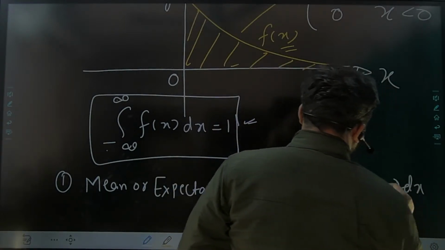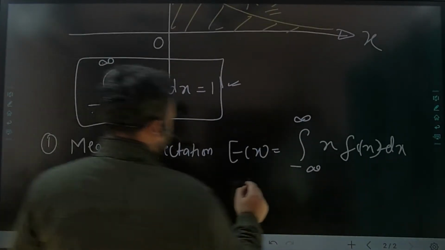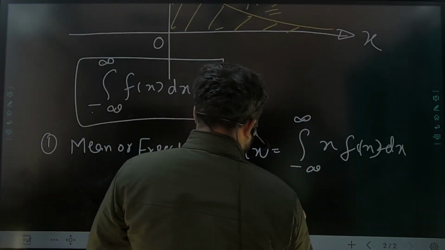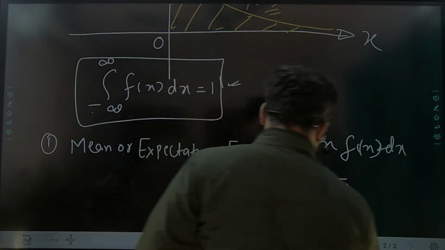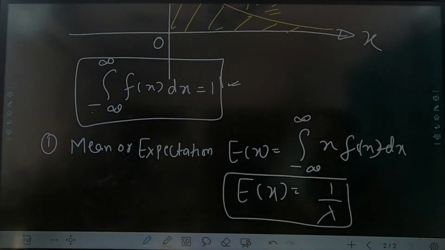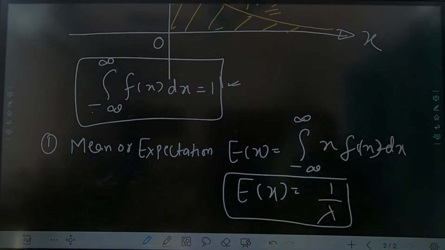You just have to put in this f of x, but you should remember the final result, which will be more useful: 1 upon lambda. You put f of x, lambda e to power minus lambda x, and put the limits from 0 to infinity, because from minus infinity to 0 you don't have any output, and finally you get 1 upon lambda.